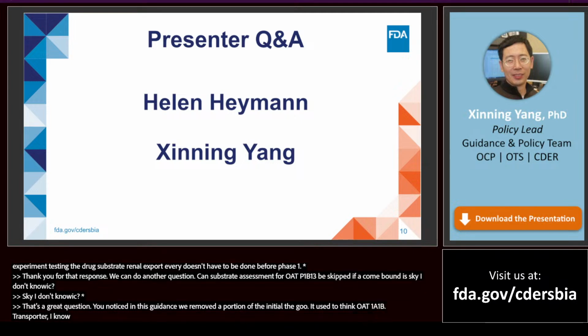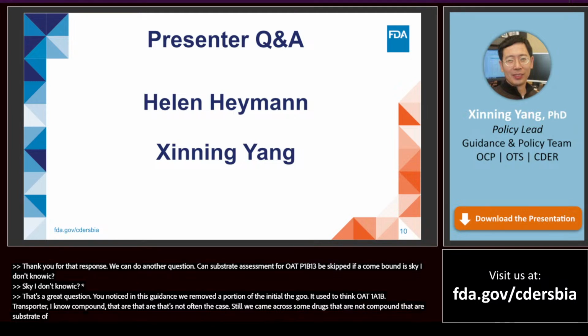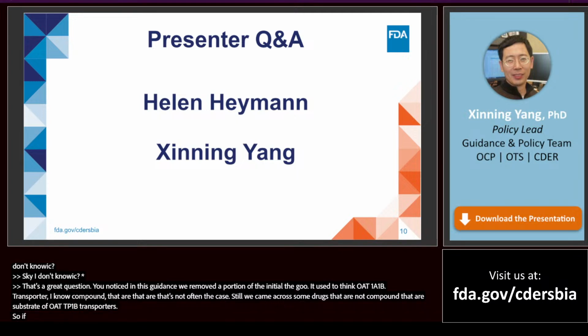That's often the case, but still we came across some drugs that are not anionic compounds but are still substrates of OATP1B transporters. So if hepatic elimination plays a major role, or the pharmacology target of the drug is in the liver, I think it's still preferred that it be examined whether a drug is a substrate of OATP1B.